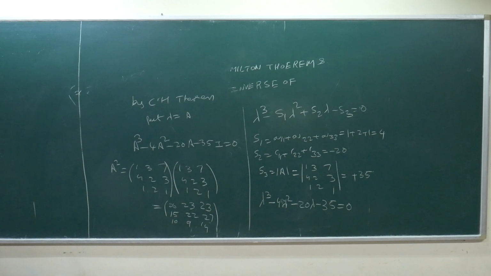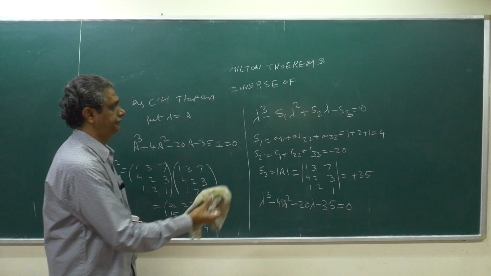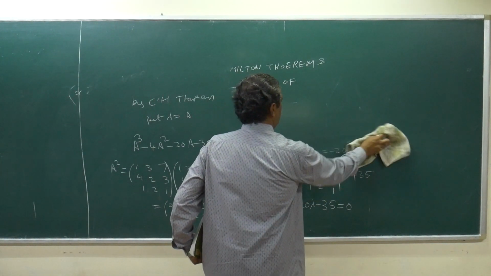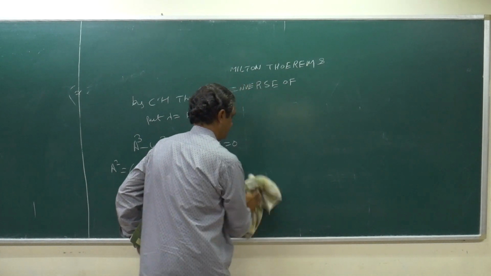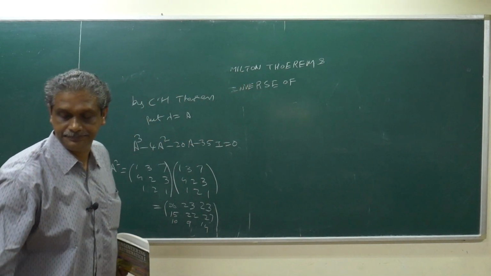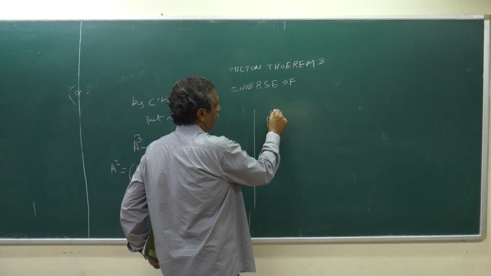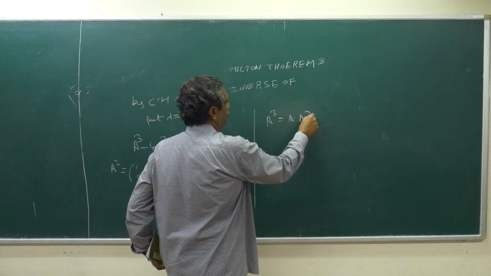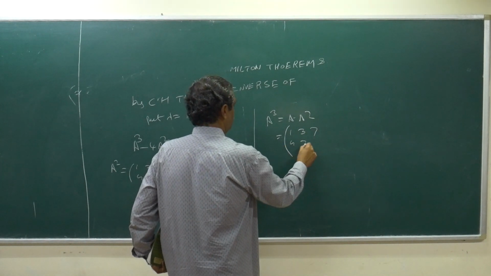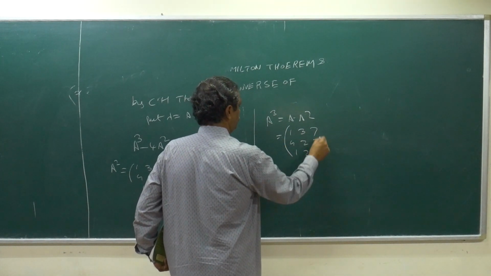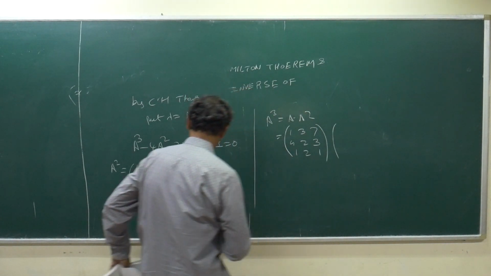This I am leaving to you, just check this part yourself, because you have already done matrix multiplication in lower standards and I have done a lot of it in previous problems. Then how will we do A cube? A into A square, where A is 1, 3, 7; 4, 2, 3; 1, 2, 1, and A square I already got. What is my A square? 20 this is.